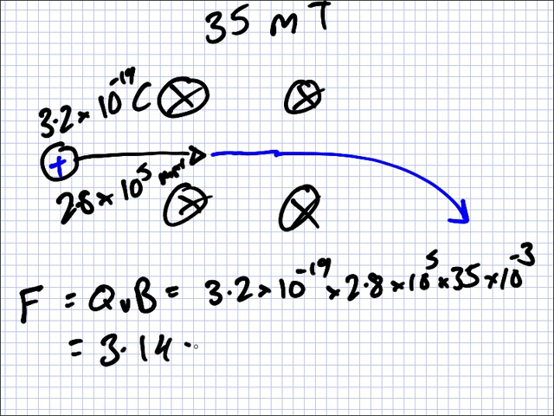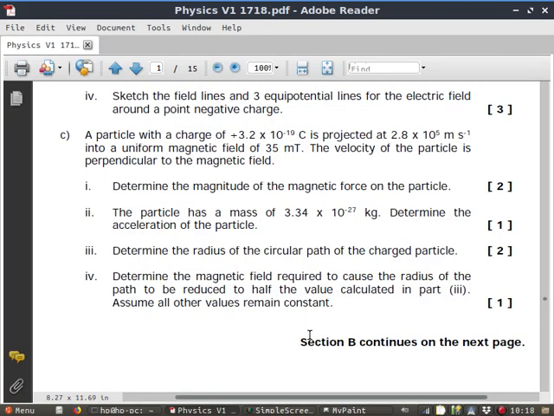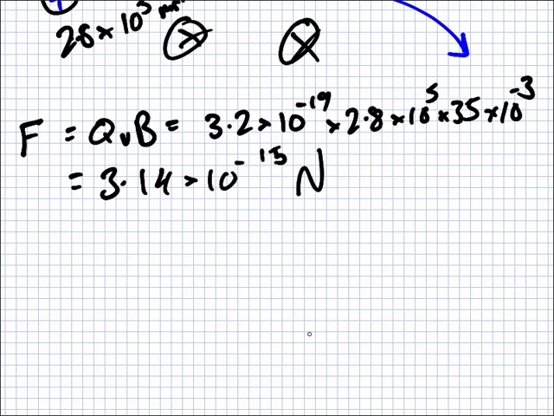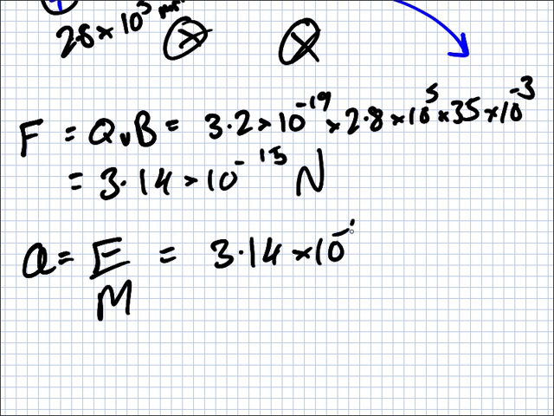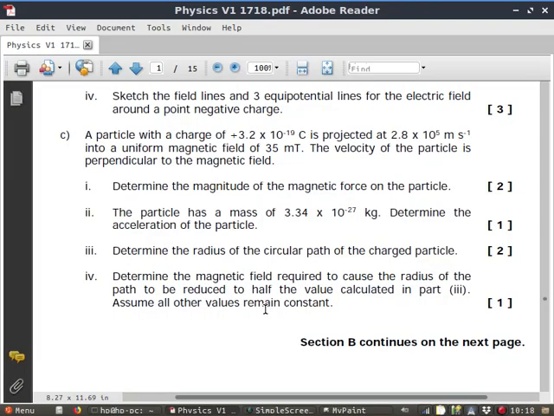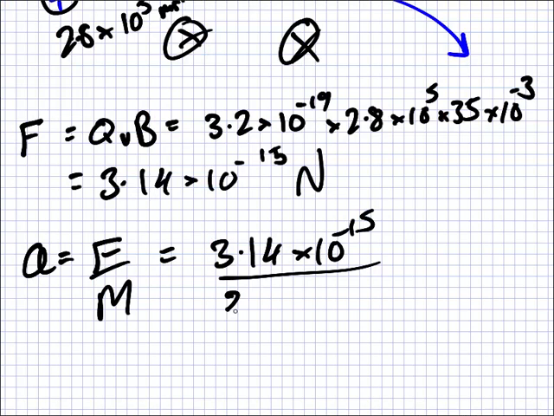Okay, next. What's the acceleration? So A equals F over M, 3.14 times 10 to the minus 15 over M, 3.34 times 10 to the minus 27.